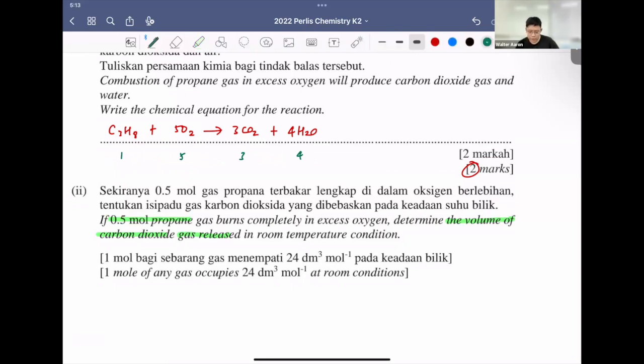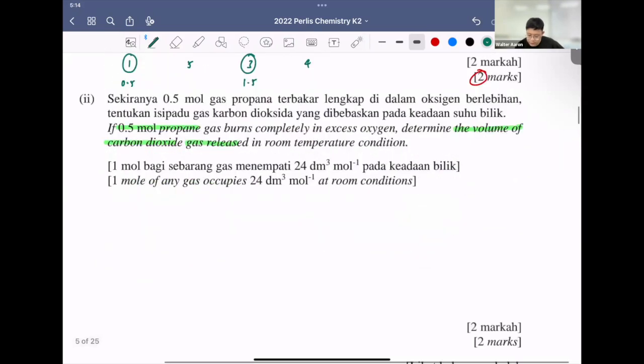In terms of ratio, it's 1 to 3, which means for every 1 mole of propane burned, you have 3 moles of carbon dioxide. But since you only have 0.5 mole of propane, 0.5 times 3 is 1.5.